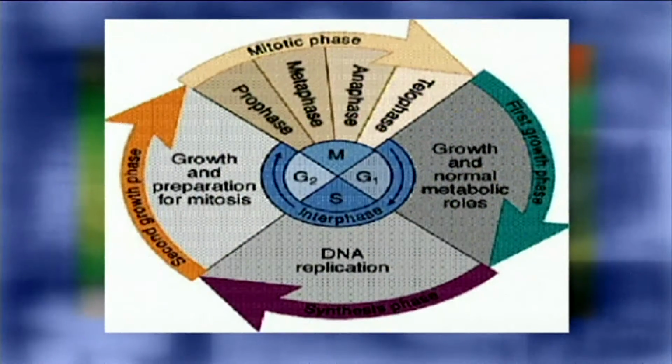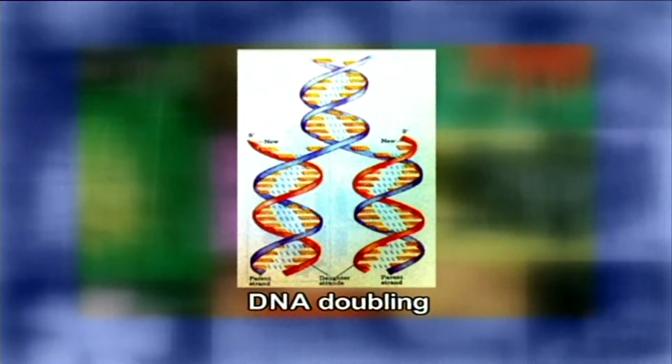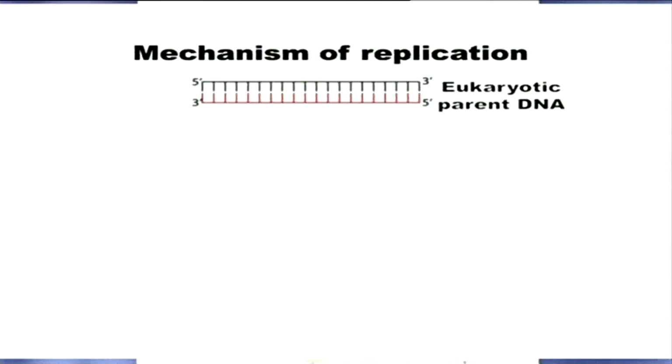DNA replication takes place during the S phase or synthetic phase of the interphase between two mitotic cycles. In this phase, the amount of DNA doubles. The individual unit of replication in a DNA is called a replicon.